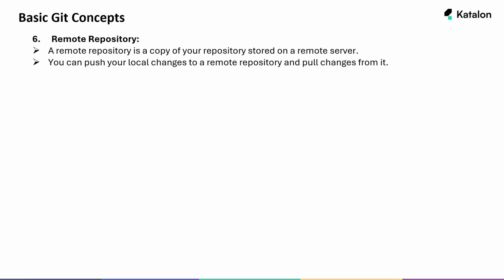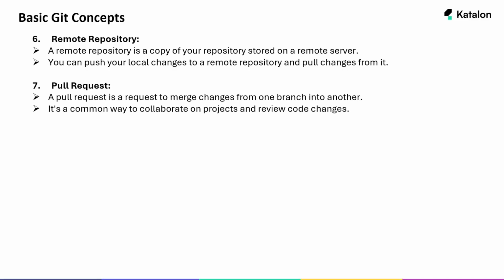You can push your local changes to a remote repository, and you can pull changes from the remote repository to your local repository. Pull request. A pull request is a request to merge changes from one branch into another. It's a common way to collaborate on projects and review code changes.